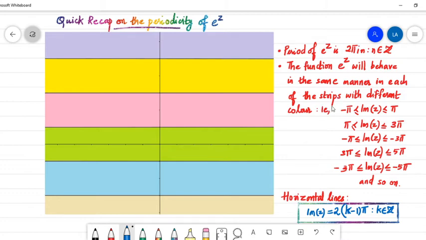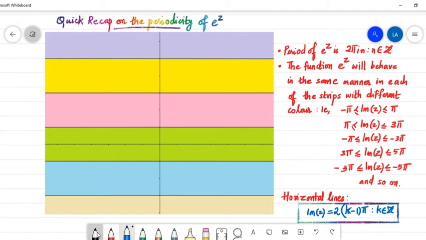To be precise, these strips will be minus pi less than or equal to the imaginary part of z less than or equal to pi, then pi less than or equal to the imaginary part of z less than or equal to 3 pi, minus pi less than or equal to imaginary part of z less than or equal to minus 3 pi, and it is going on like that.